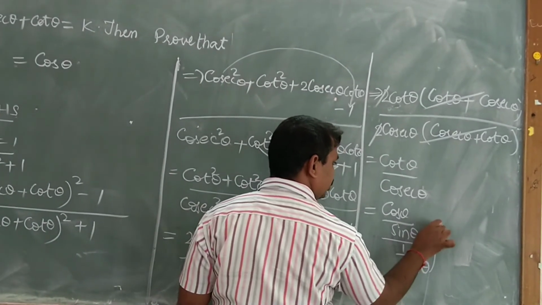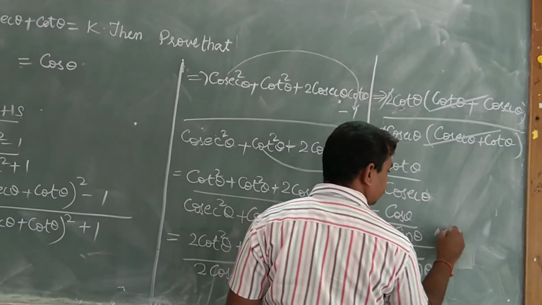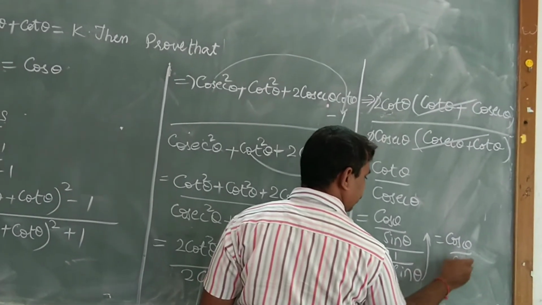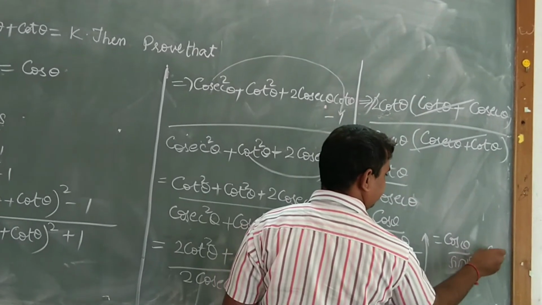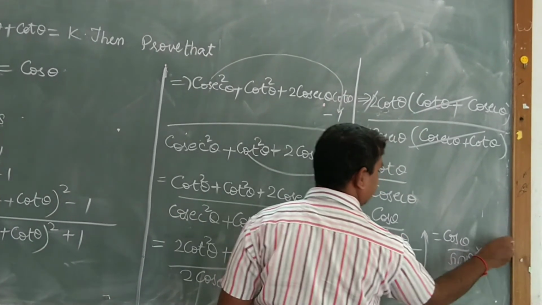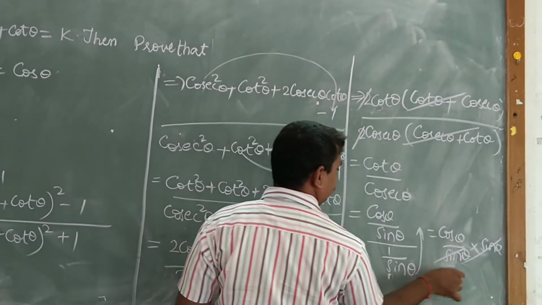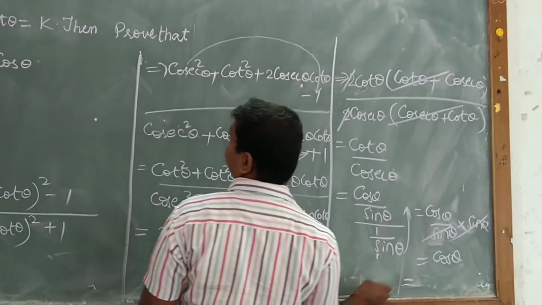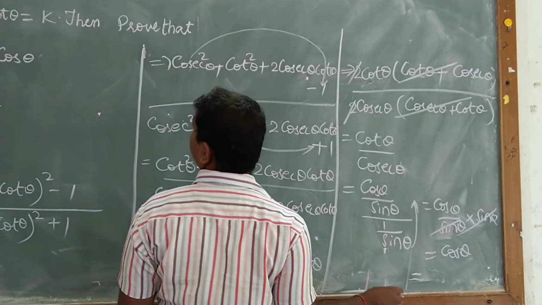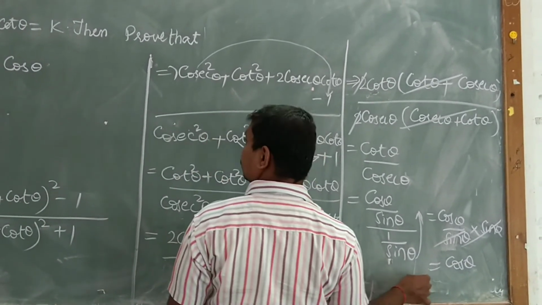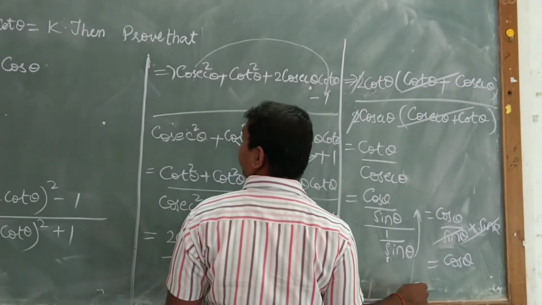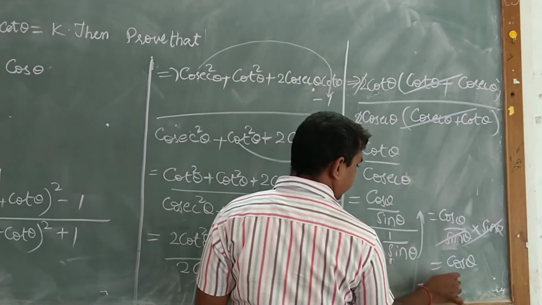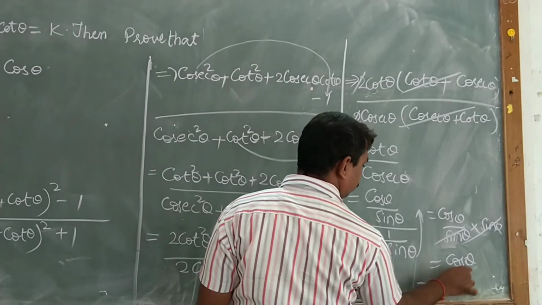When you shift this to the numerator, it becomes what, students? Cos theta by sin theta into sin theta. Here sin theta will get cancelled. You will remain with cos theta, which is equal to what? Our given question, that is k square minus 1 by k square plus 1 is equal to cos theta. That is RHS, which is proved. Hence proved.